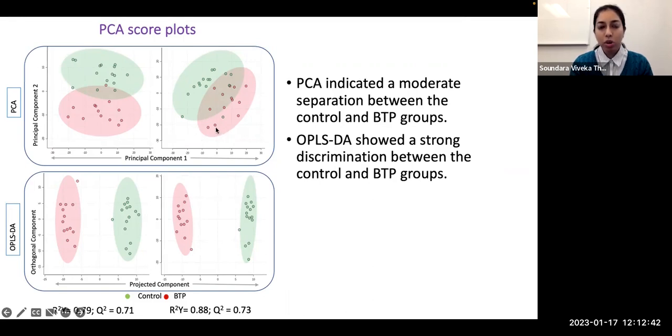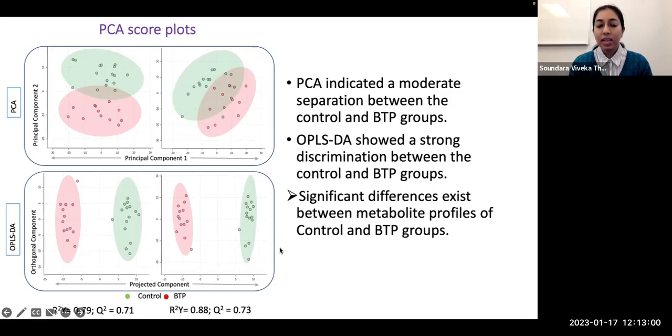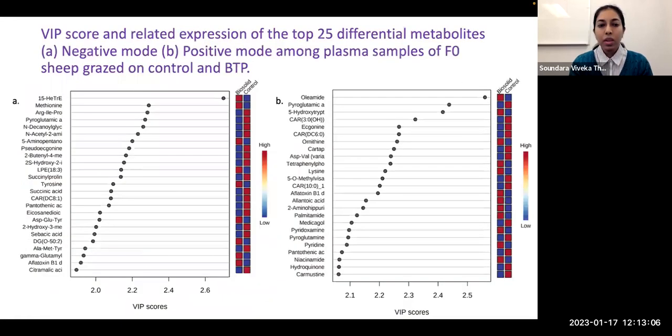While the PCA shows a moderate separation, the supervised OPLS-DA shows a clear separation between the two groups. This is reflected by very good R²Y and Q² values, which represent the goodness of fit and the reliability of these models. So this indicates that there are significant differences in the metabolite profiles of the control and the biosolid groups.